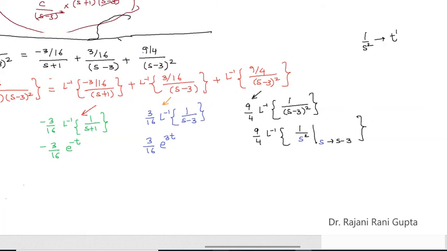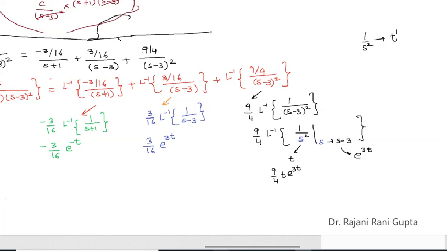Okay, so it means in place of this blue s, if I replace s minus 3, I will return back to the original function. So then this gives you the term e power 3t, and this will give you t. So the answer will be 9 by 4 t e power 3t.